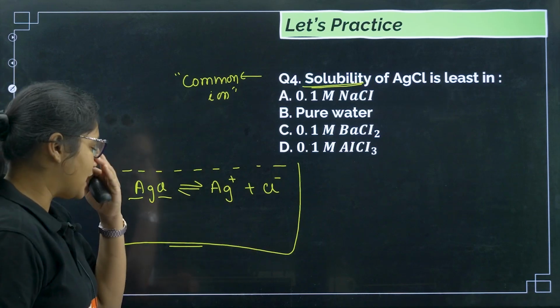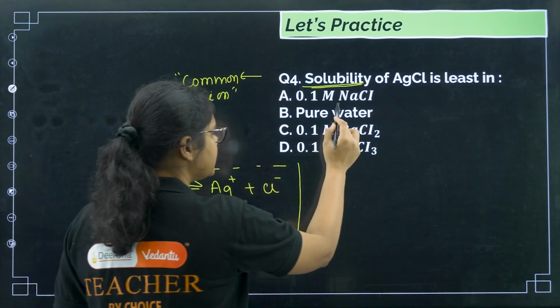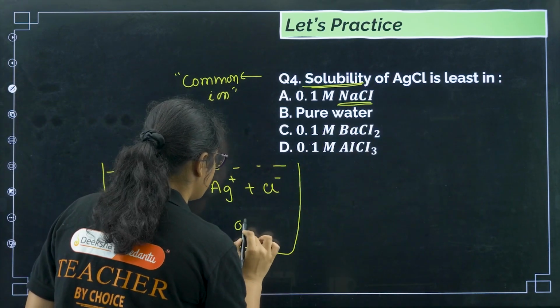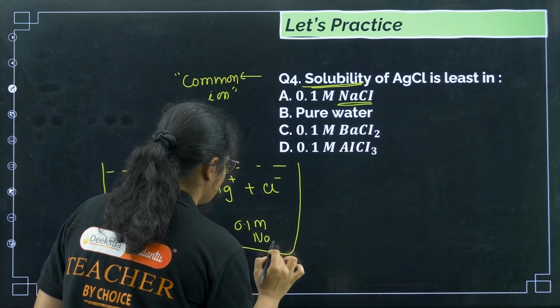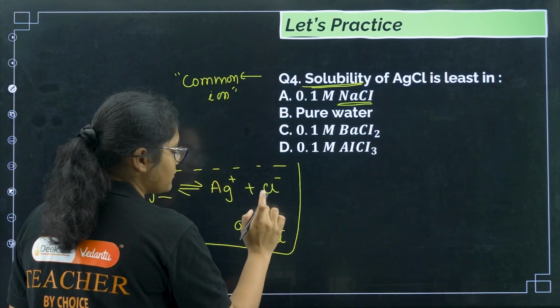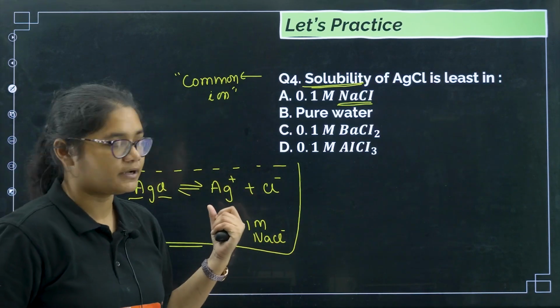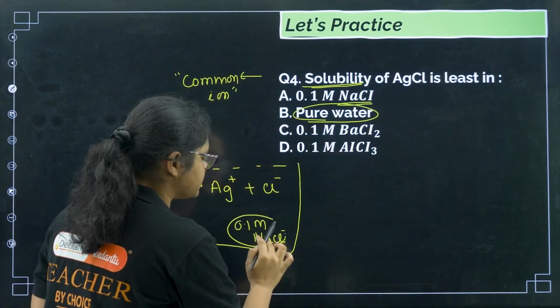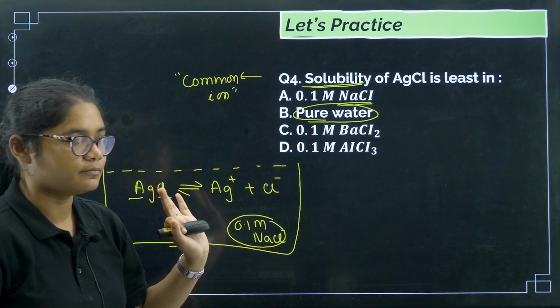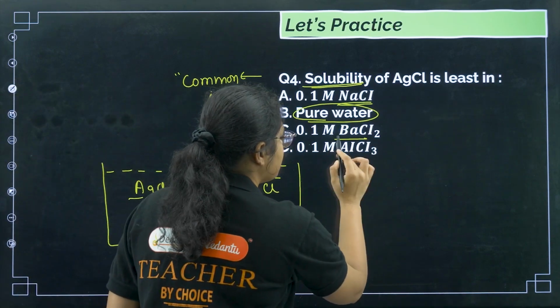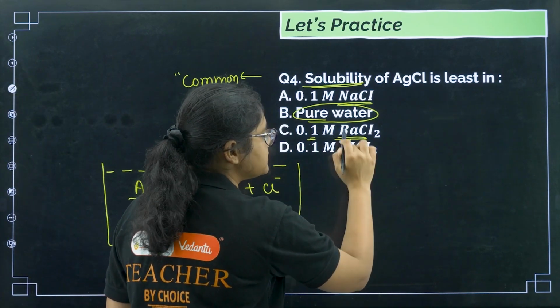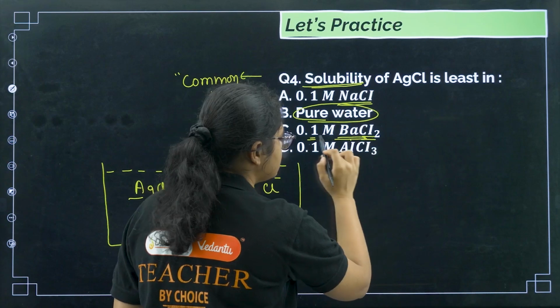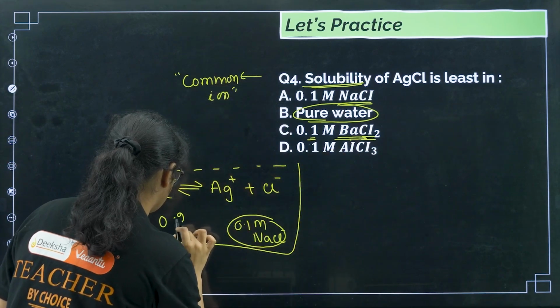So in this one we have 0.1 molar NaCl, which means 0.1 molar of Cl- is already present. In pure water nothing is present, so it will have maximum solubility. Then barium chloride 0.1 molar: in each mole we get 2 moles of Cl-, so I have 0.2 moles of Cl-.